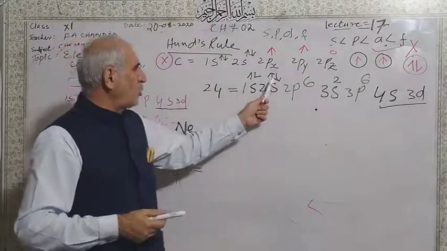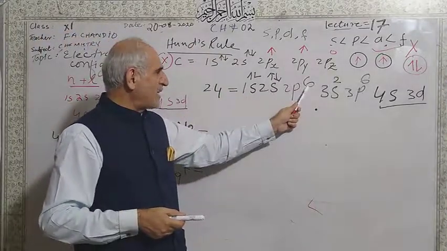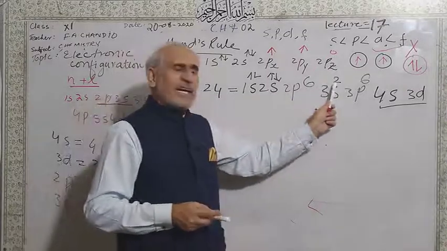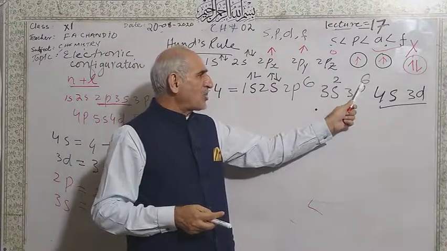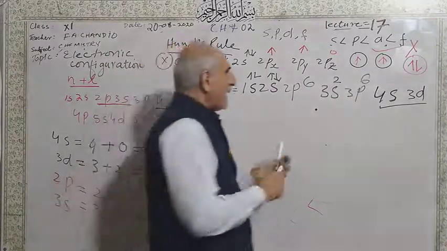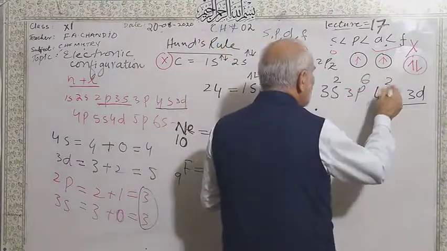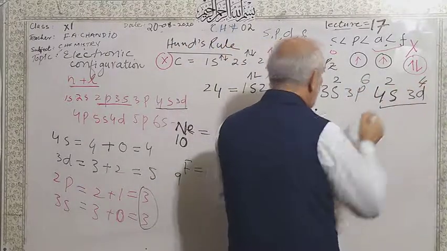24: 2 plus 2 is 4, 4 and 6 is 10, 10 and 6 is 12, 12 plus 2 is 18, 18 plus 2 is 20, and 4 is 24.